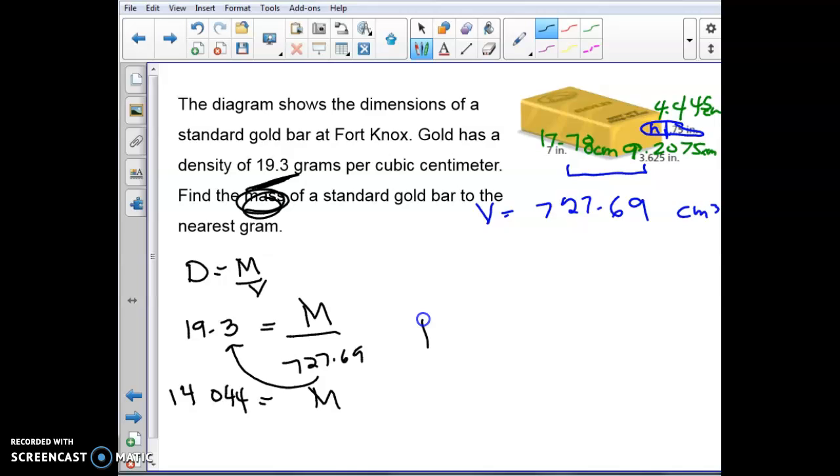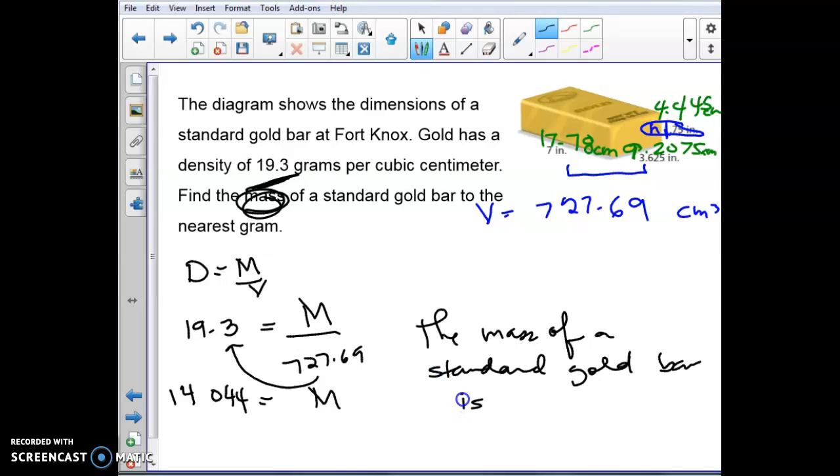So that means the mass of a standard gold bar is about 14,044 grams. Alright, so that's one application of the use of the volume formula in finding densities.